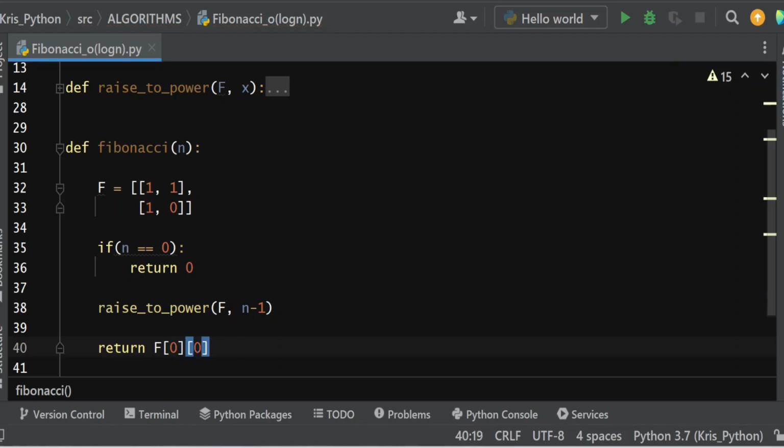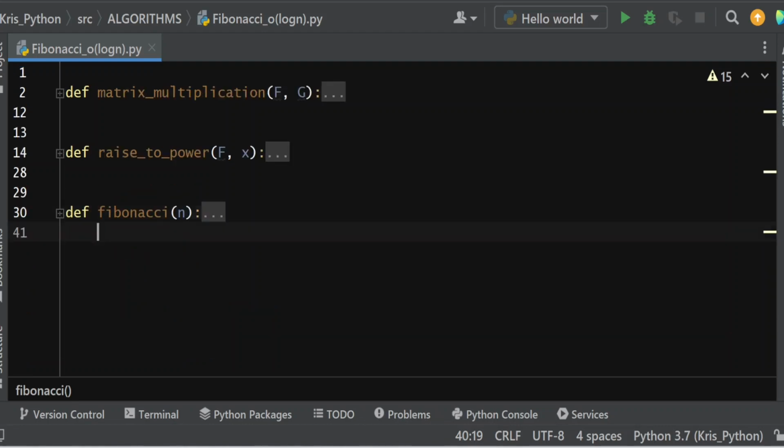So as we had looked at, we were supposed to take the n-1th power so that the first cell in the 2 by 2 matrix would give us the nth Fibonacci number. So let's go ahead and test this out.